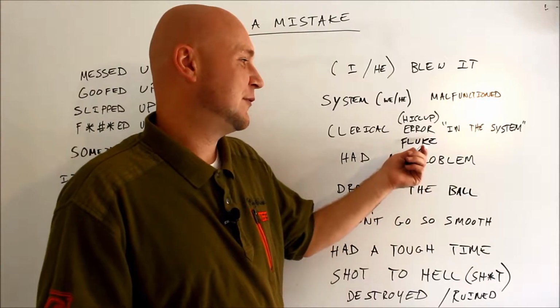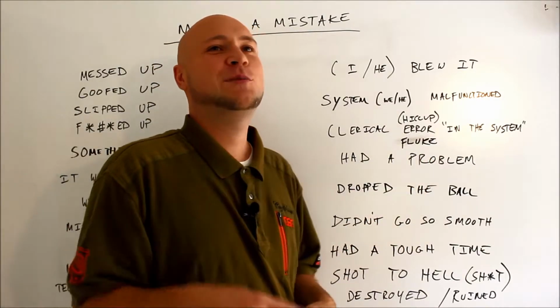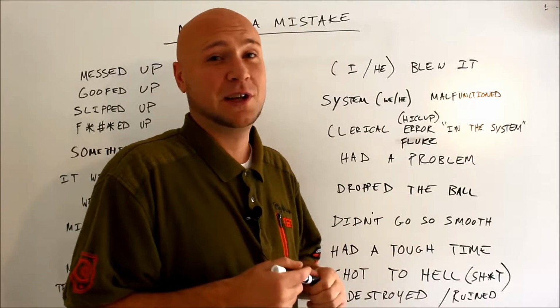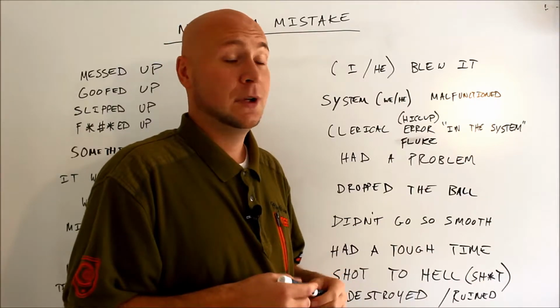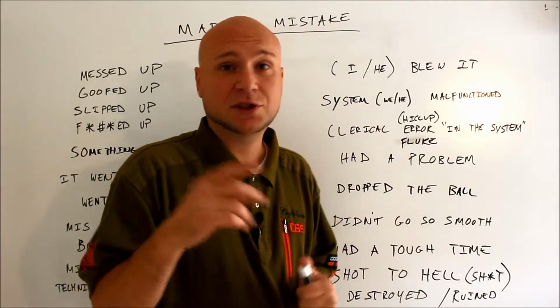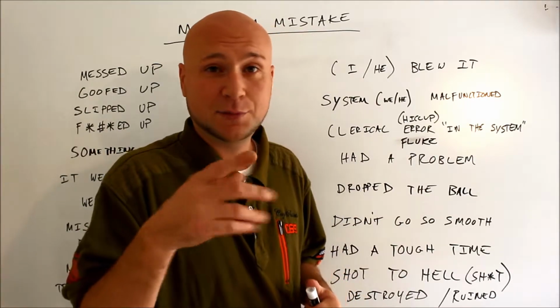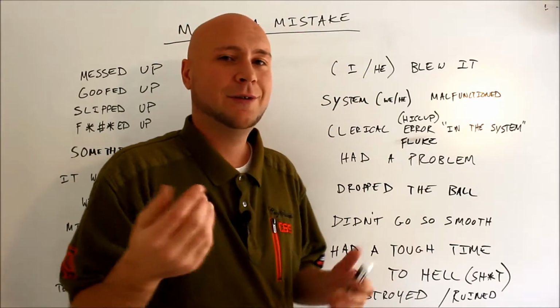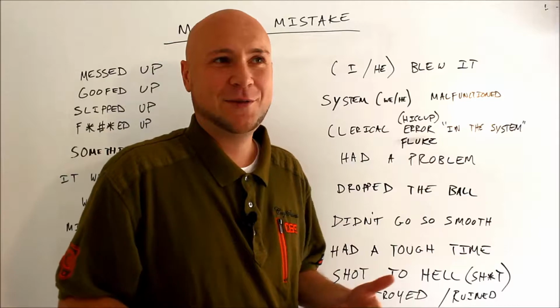Another word is fluke. Fluke can be used a couple different ways. Fluke could be a good thing, like when Daniel was catching flies with chopsticks with Mr. Miyagi. He said it was beginner's luck. First time, I got one. Well, that was a fluke. It'll never happen again.